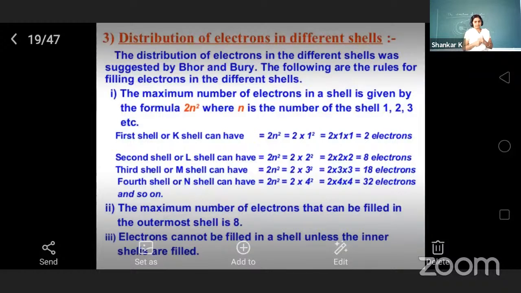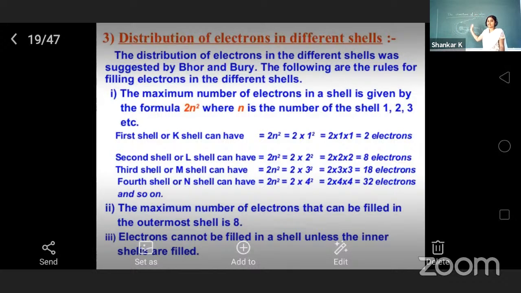Chlorine has atomic number 17 and magnesium has 12.